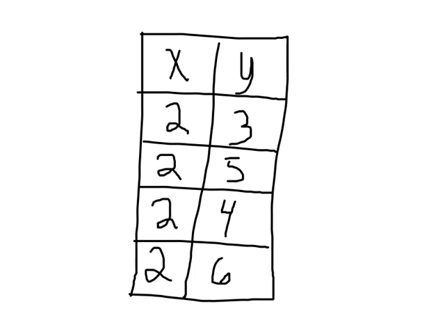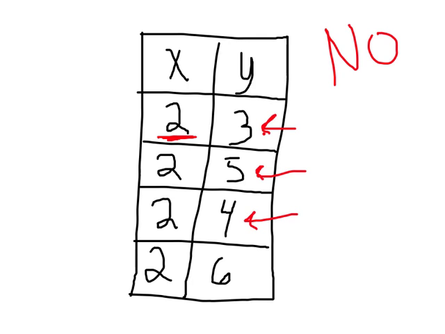I want to go over one more example from Princeton's exit ticket yesterday. Is this table a function? This table is not a function because if you look, when your input is 2, your y value could be 3, your y value could be 5, your y value could be 4, or your y value could be 6.